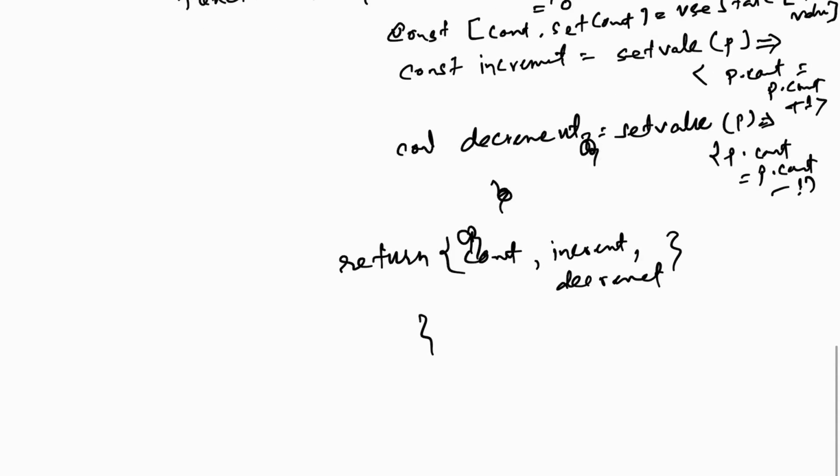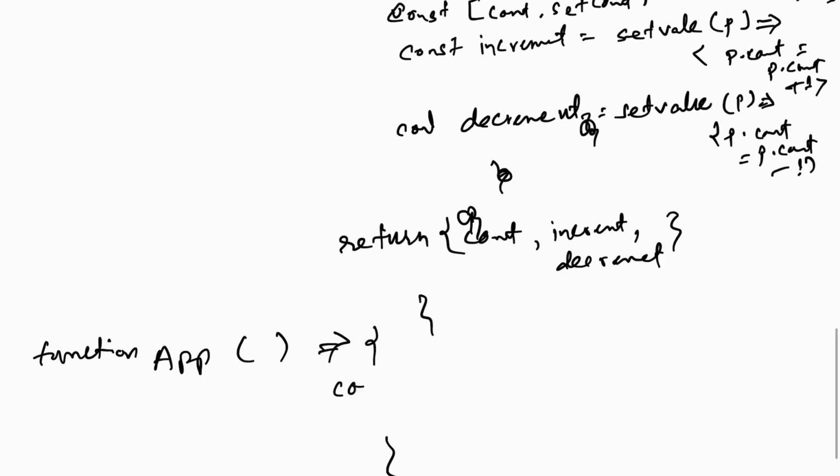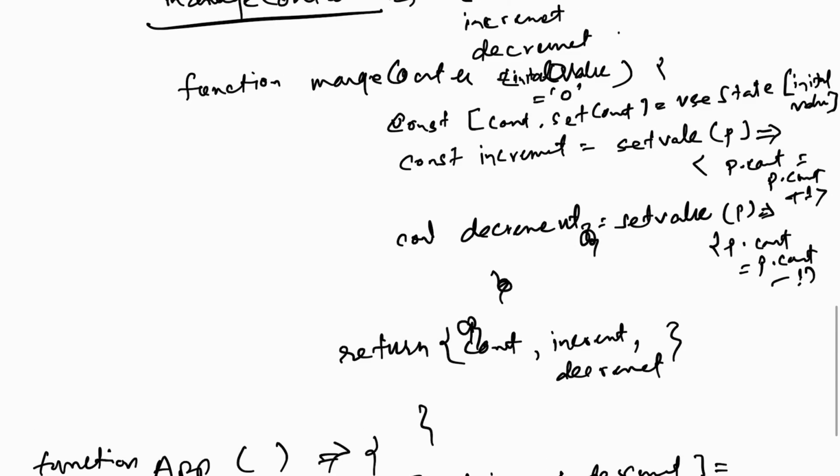Now in my functional component, say I have a functional component app, I can use all these values. So I can write const count, increment, decrement is equals to simply this manage counter.